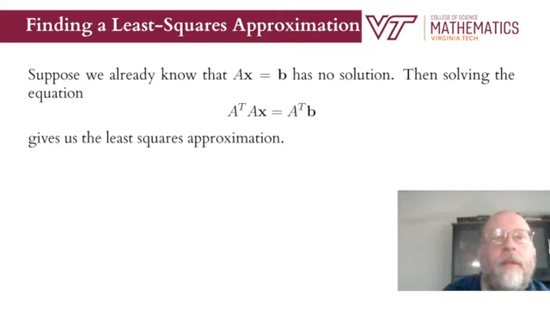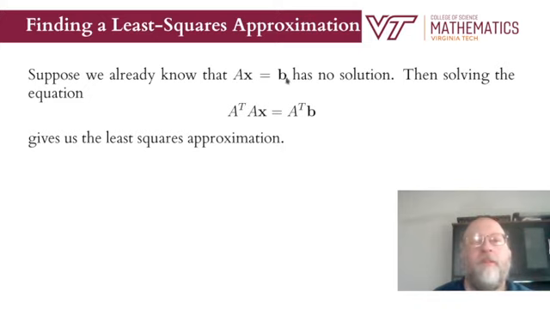Here's the process for finding the least squares approximation. Suppose we know that AX equals B has no solution. Then solving the equation A transpose AX equals A transpose B gives us a least squares approximation.